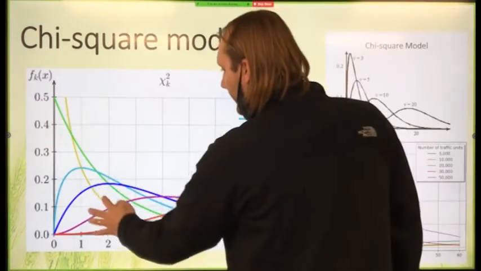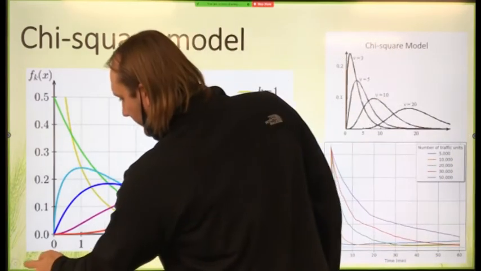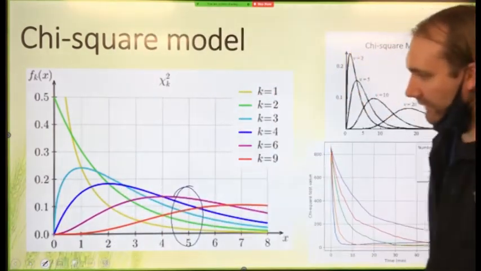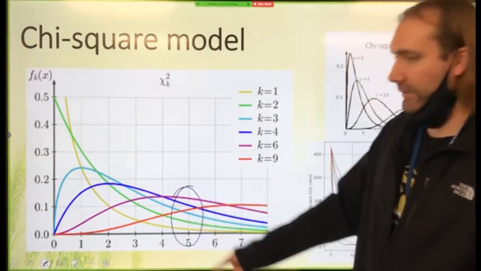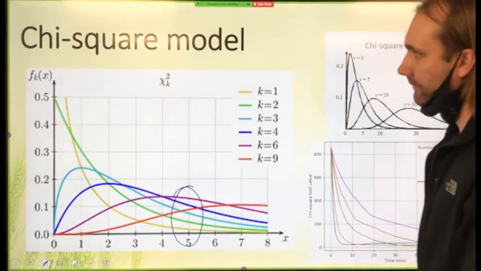See, I had 1 degree of freedom. How does it deviate from other degrees of freedom? Let's say if I were here at 5. What is my deviation from this green to the other ones? More so the margin of error, as we said with quantitative data.